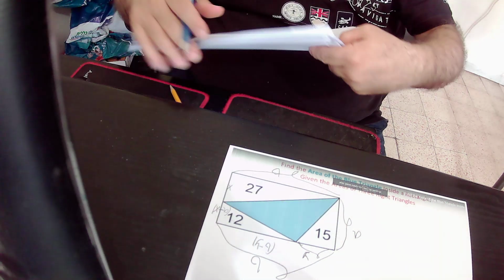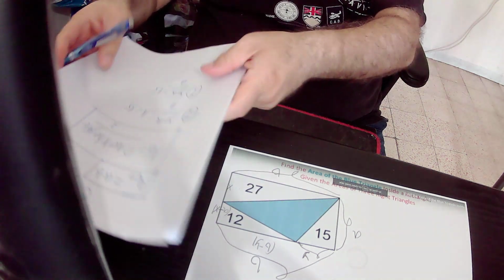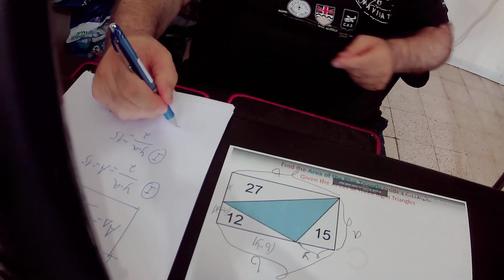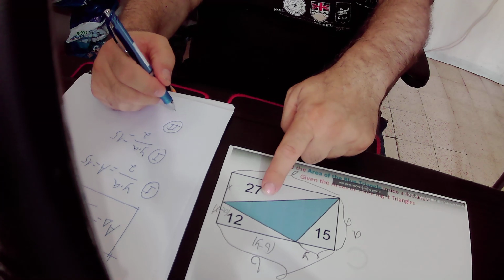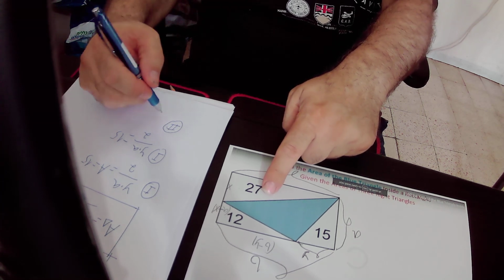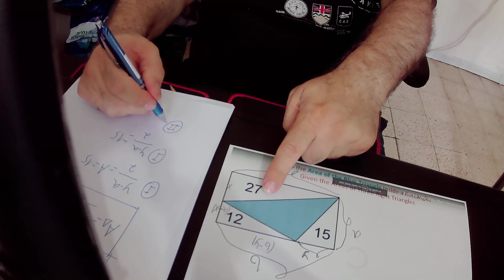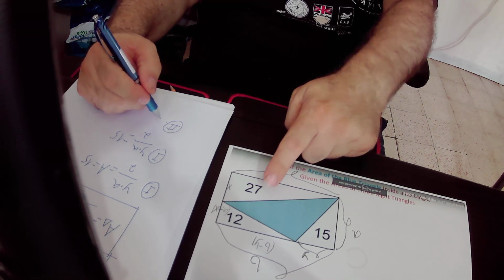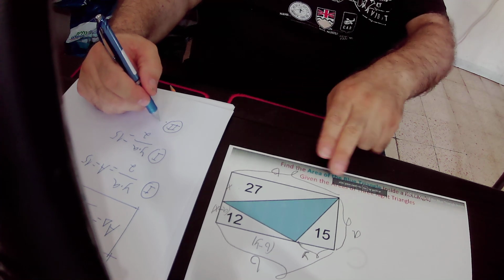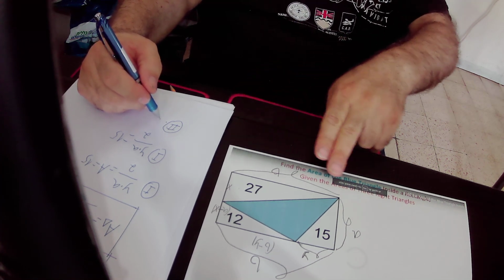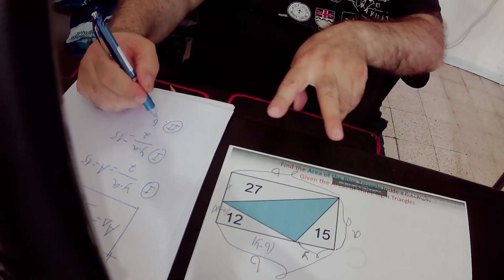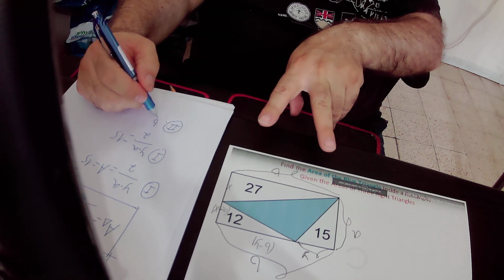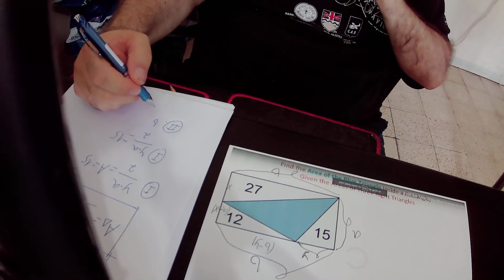In the same way, we will create the formula for the area of this triangle. The formula for the triangle whose area is 27 units will be the base of the triangle, that is B. B also is the length of the rectangle.